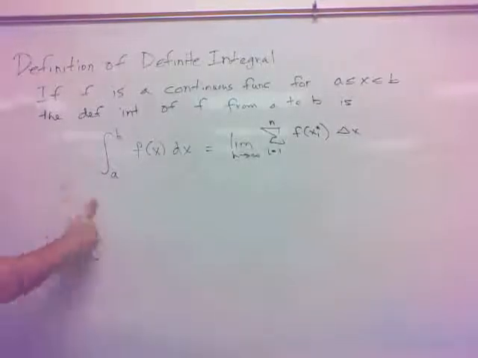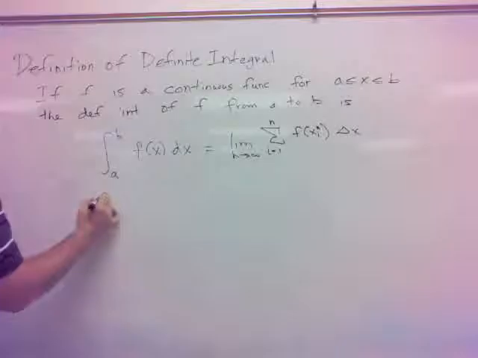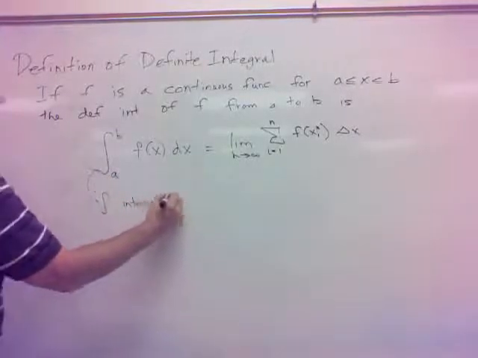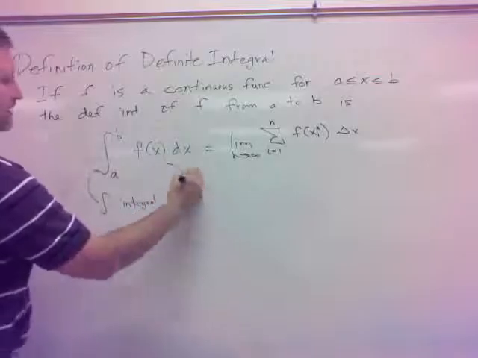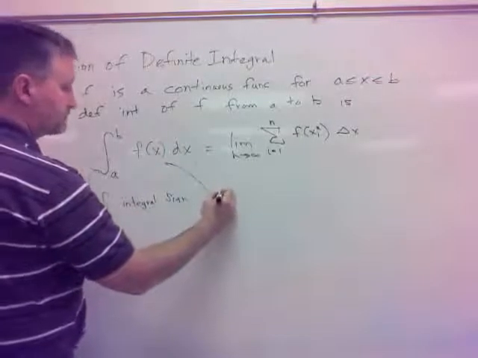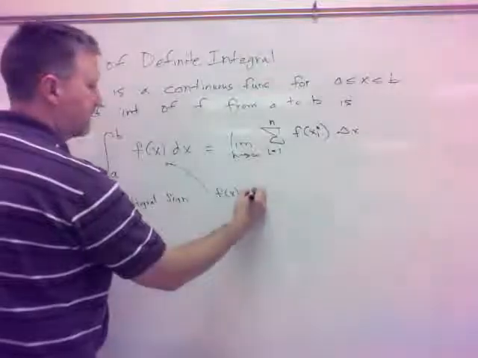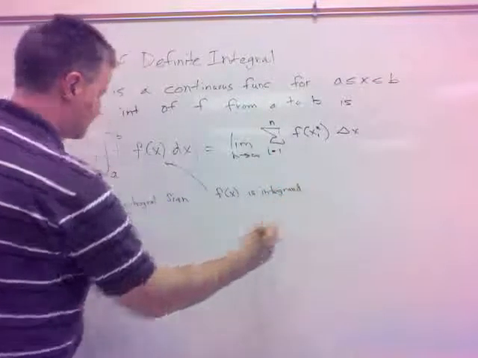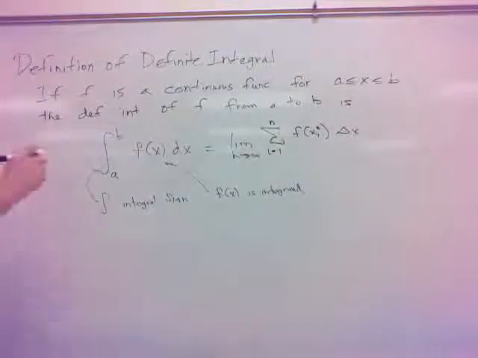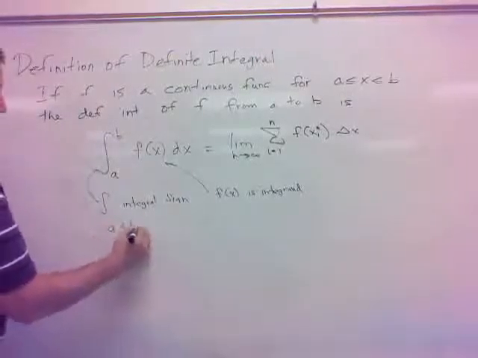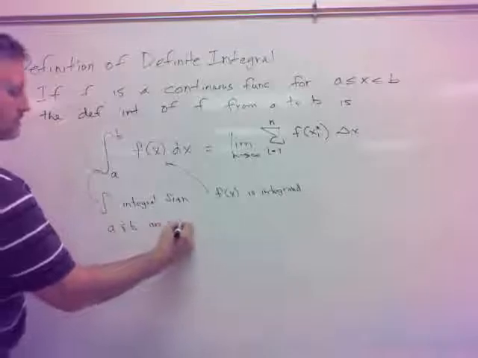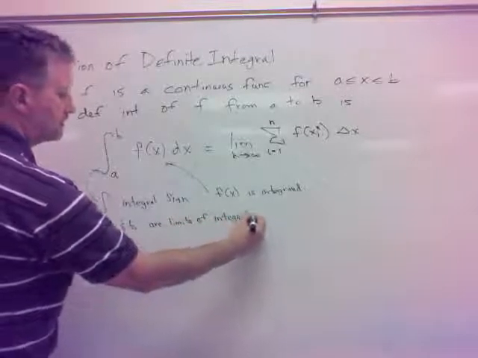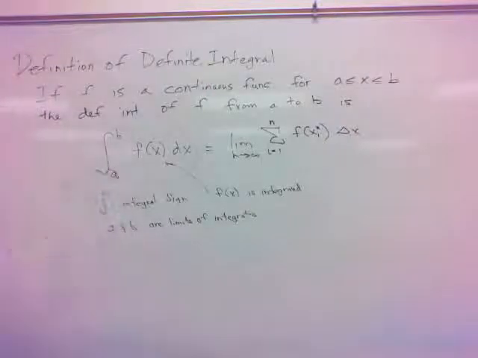Now, just some notational things. This symbol is the integral sign. What you're taking the integral of, f of x here, the function, is called the integrand. A and b are said to be the limits of integration. You've got an upper limit and a lower limit.